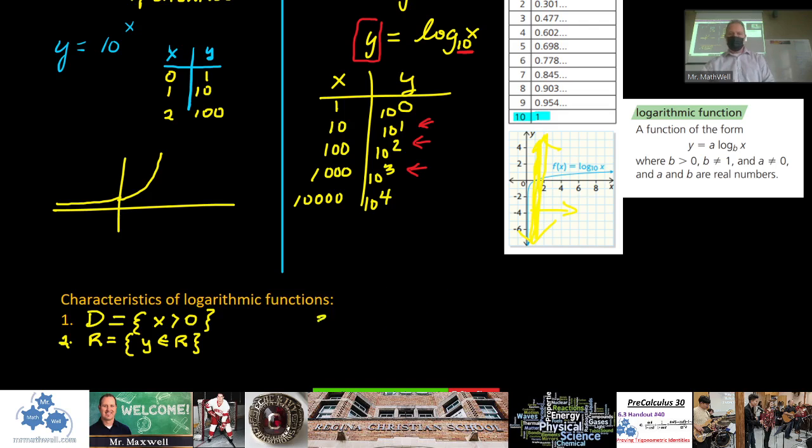Now, another thing, 3: notice that the x-intercept is x equals 1, or 1 comma 0. That's another important thing.